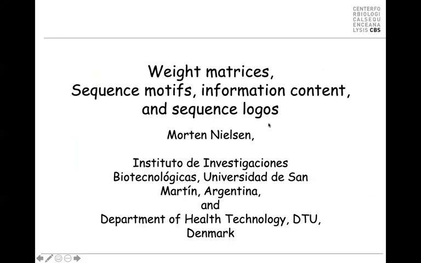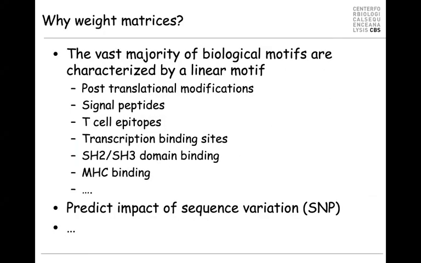So the first topic, as I said, was how to construct a weight matrix. What are they, and how can you visualize in a very powerful way the information content kept in such a weight matrix? A weight matrix is something that characterizes binding motifs. In biology, a lot of stuff is happening by small linear motifs describing an interaction surface between different protein components. One is, for instance, a signal peptide in a protein that dictates where in the cell that given protein ends up being located.